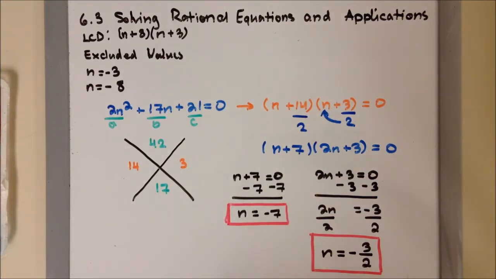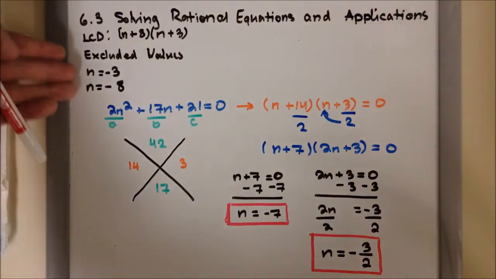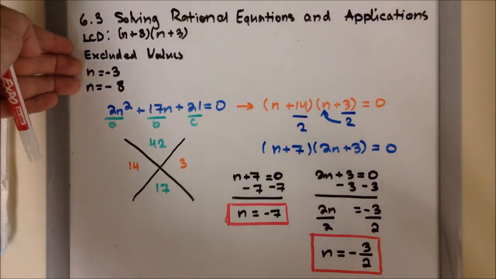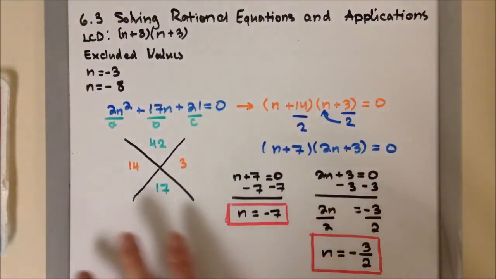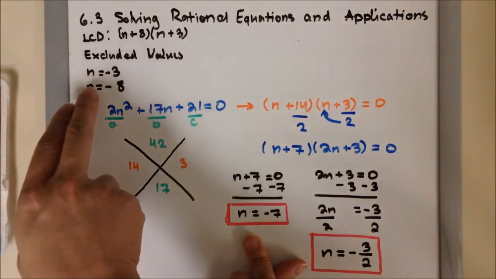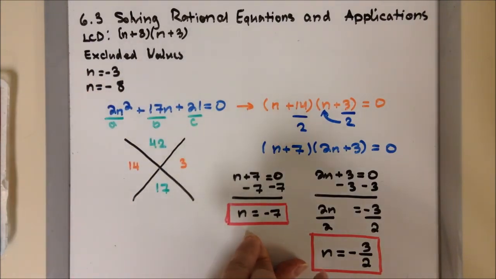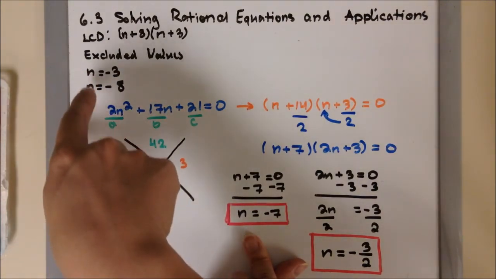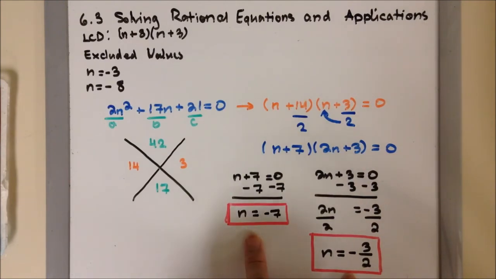We don't want that to happen. So that's why we need to check for LCD, find excluded value, and then when you finish doing all the work, you check the answer you have at the end, see if it matches with the excluded value. Since these two do not match with our excluded values, these two are written as our final answers.